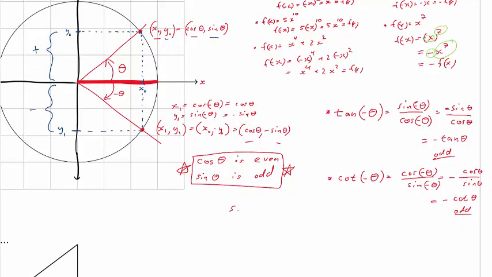All right, let's take a look at the secant function, secant of negative theta in this case. Secant theta is 1 over cosine of negative theta. Cosine is an even function, so it becomes 1 over cosine theta, which is the same as secant theta. So therefore, secant theta is even. All right, now the last one, cosecant.